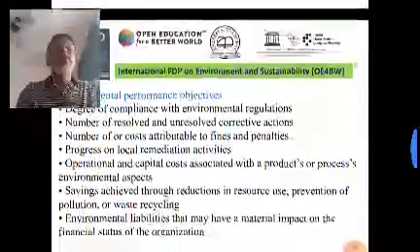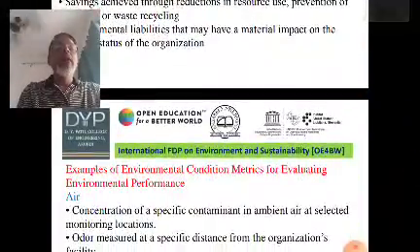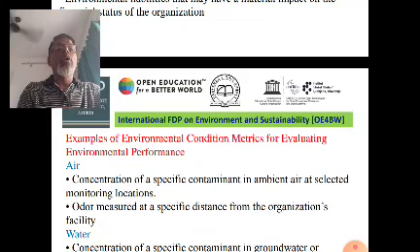So there are a number of objectives for the management.